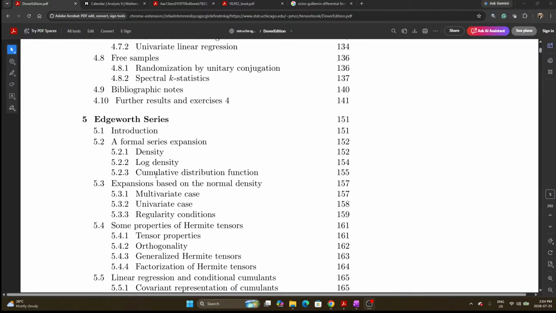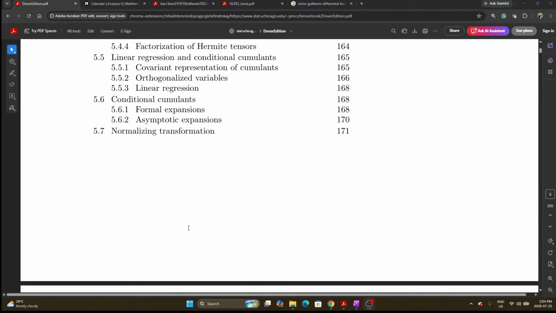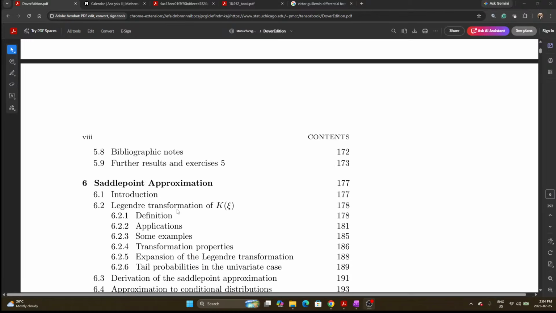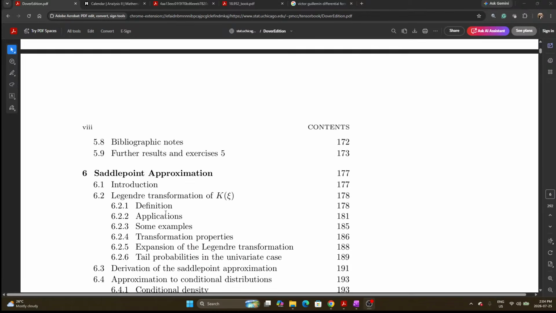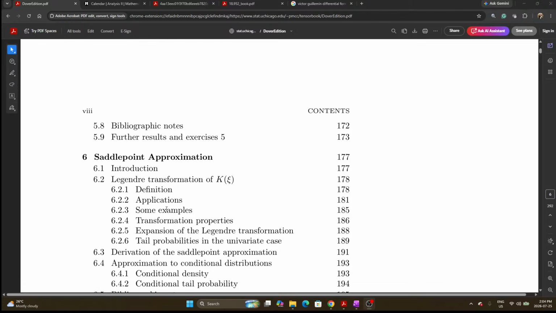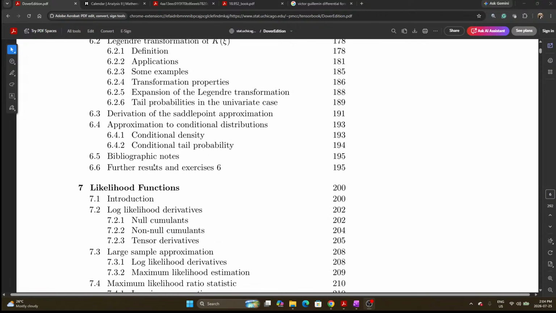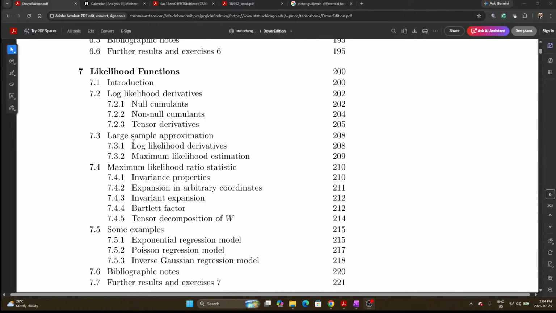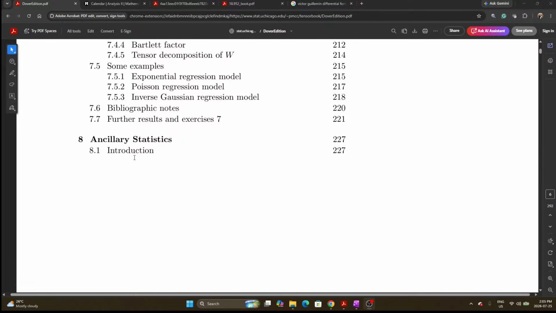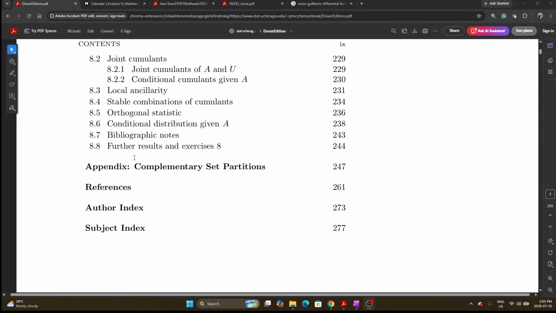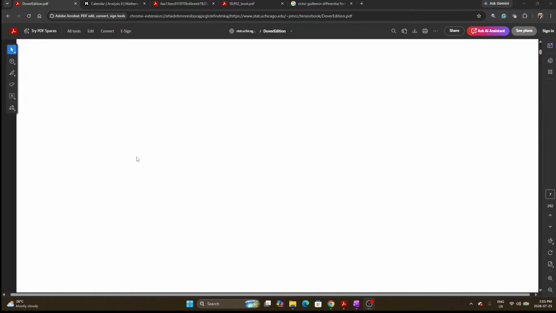So that's pretty cool, and tensors play a role here. Saddle point approximation also has to do with tensors. So again, this is asymptotic statistics. Some calculation with likelihood functions. Very cool stuff in general. But that's not the main purpose of this video.